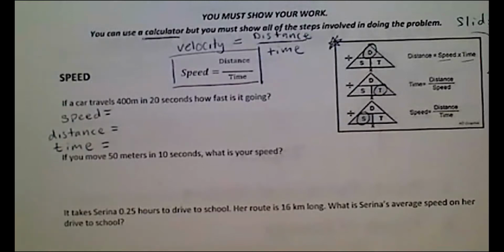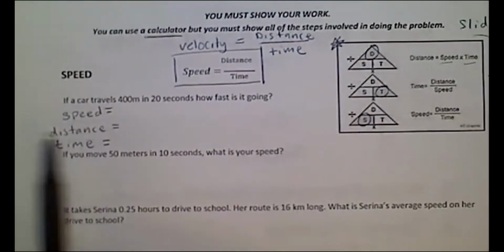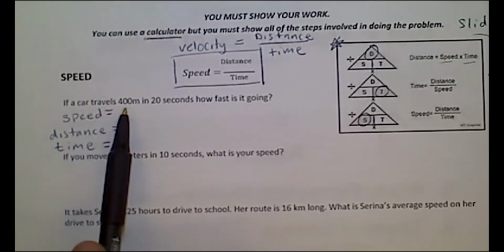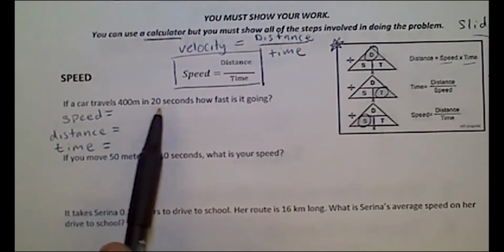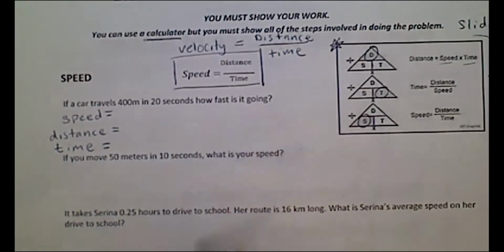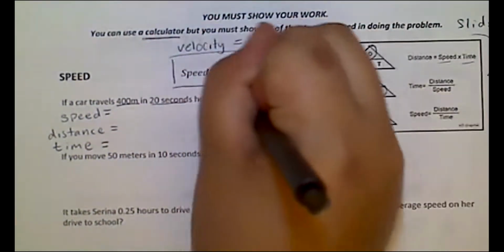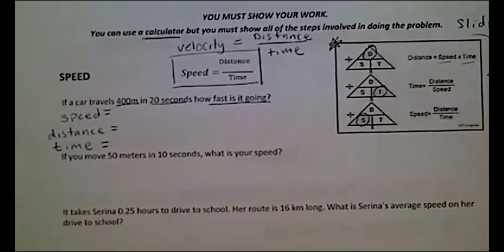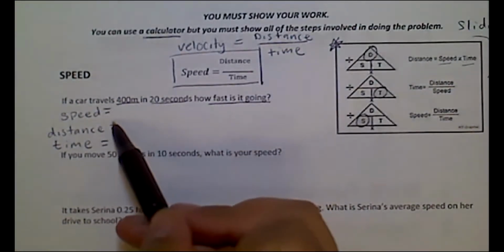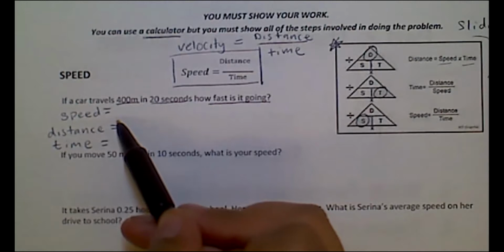Now I'm going to actually read the problem. It says, if a car travels 400 meters in 20 seconds, how fast is it going? So now I'm going to underline where I can identify my speed, distance, and time. Do I know my speed from reading this problem?